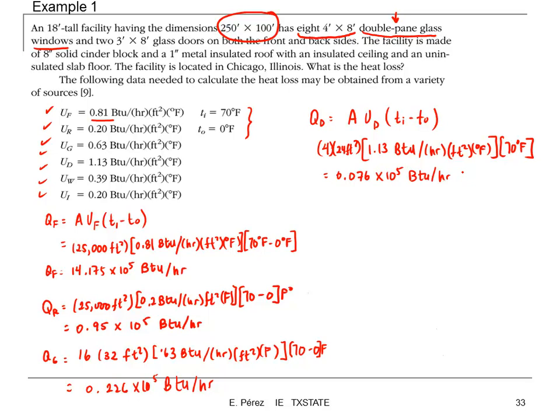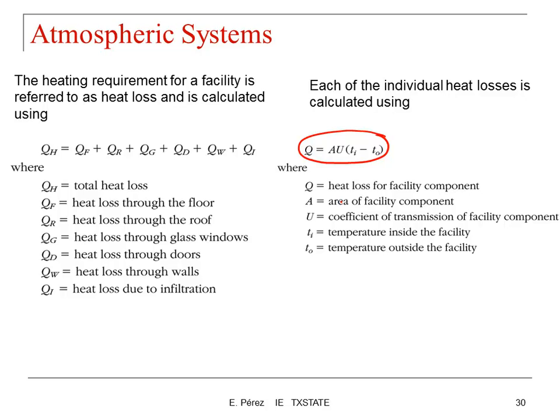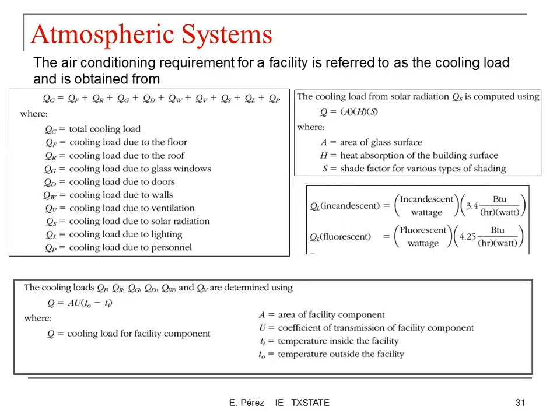The next one is a little bit more complicated. It's QW. So this one is loss through the walls. So we need to find the area of the walls, and we need to subtract the area of the windows in order to get the right area.